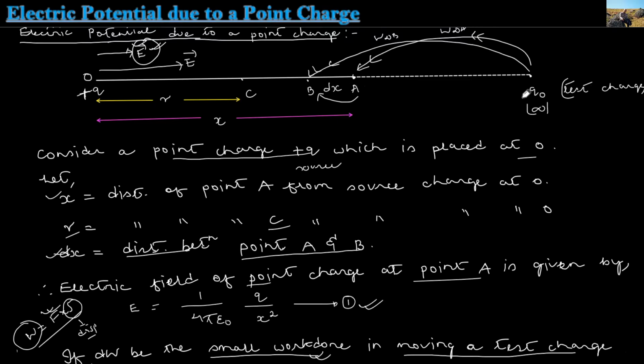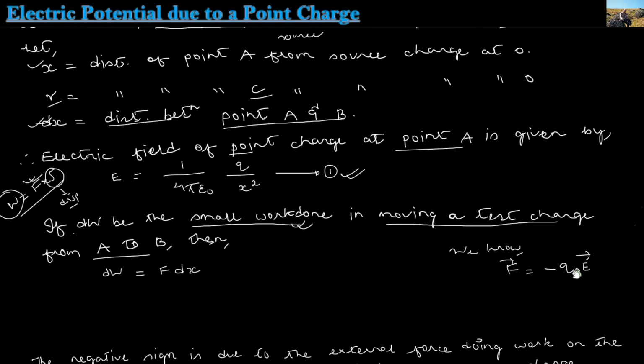But when you move this charge from E up to B, the electrostatic force is in the opposite direction. That is why we have put F and E to be oppositely directed.